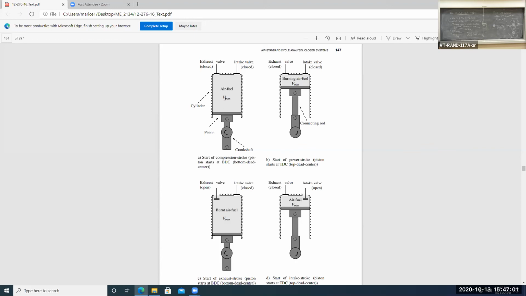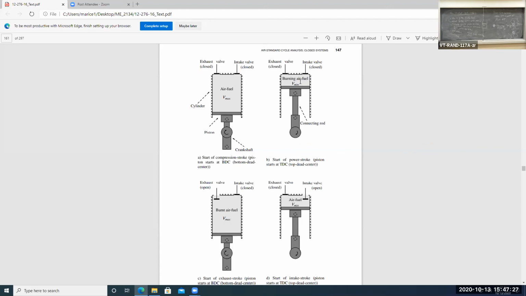So we start off with air-fuel mixture at the maximum volume state, and then we proceed to compress the air-fuel mixture to a minimum volume. We squeeze it down, temperature goes up, volume goes down, and then we initiate the combustion process.